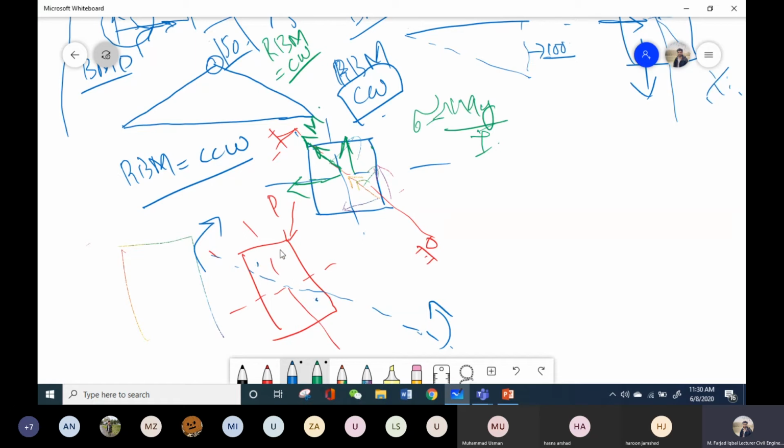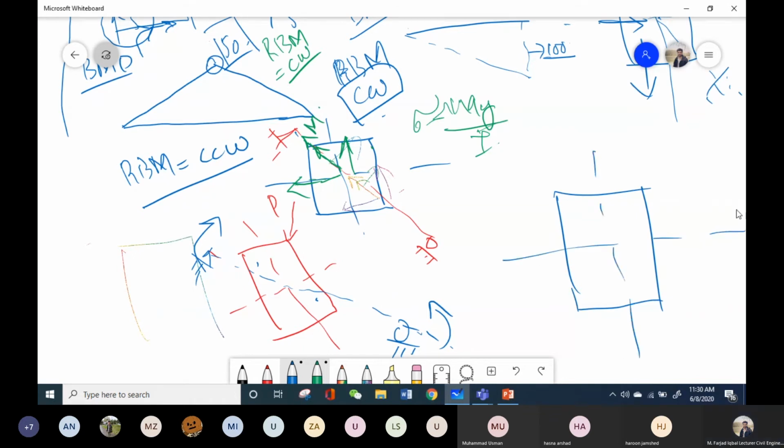Okay, so how will I determine? I have already shown you that you will again place the beam over here and you will figure out the direction of the resultant moment. Now let's say in the second case, or in another question, the applied load in the cross section is given like this one. So again, first you have to figure out around which axis the bending is taking place.